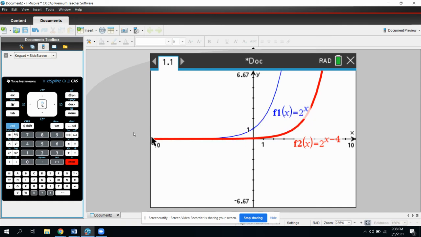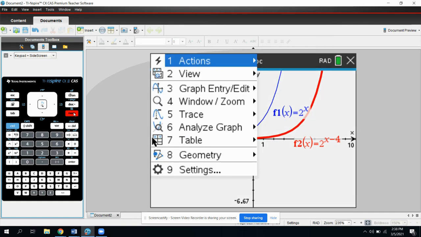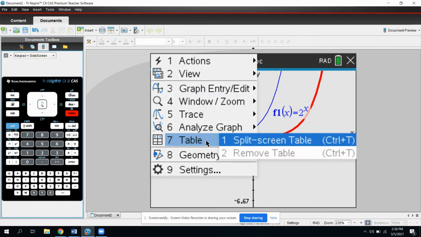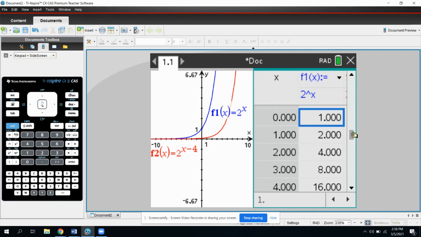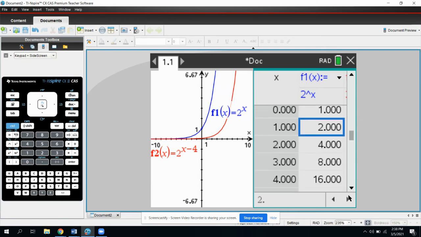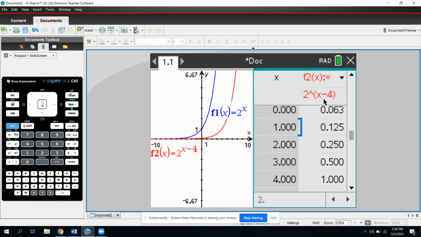So what we want to do here is we'll look at our tables here. So we got our basic 2 to the x. So here's 2 to the x minus 4. If you hit to the right, see 2 to the x minus 4. So we can see that we don't actually get to 1 until we plug in 4 for x.